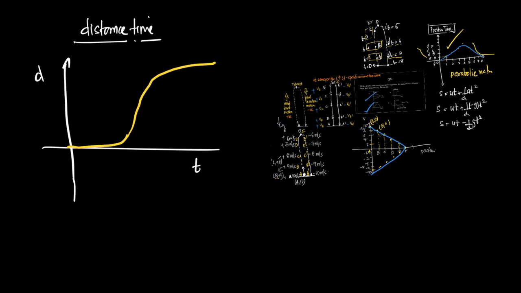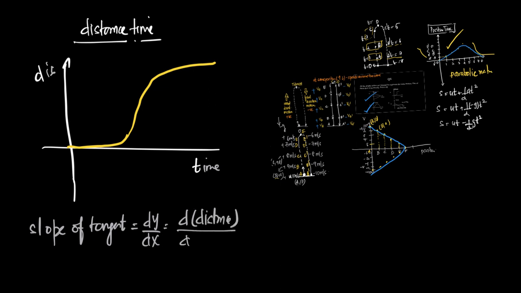Now see, what is the slope of the tangent equal to? Slope of the tangent is equal to change in y-axis by change in x-axis, which here is change in distance by change in time, right?